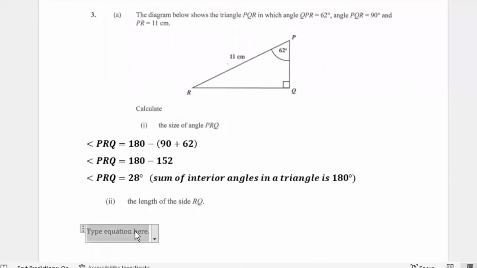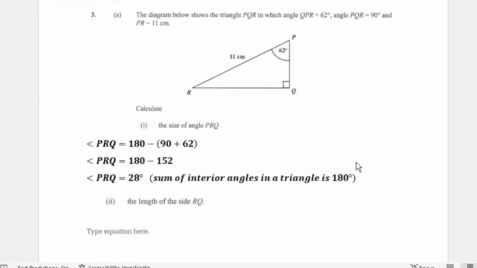Part 2 asks us to calculate the length of RQ. So we're looking at the length of RQ. What are we using here? Which mathematical concept can we use here to solve this?